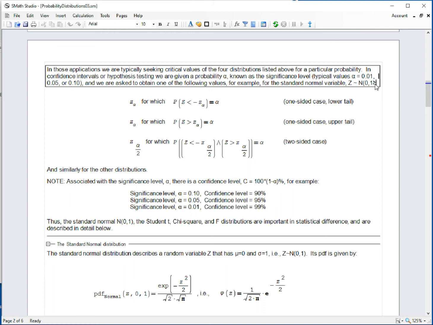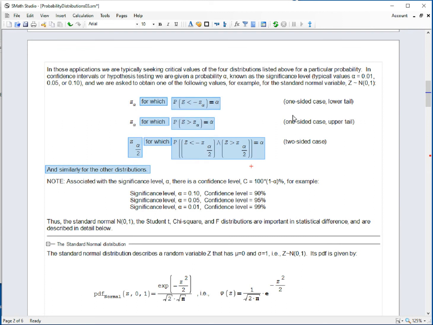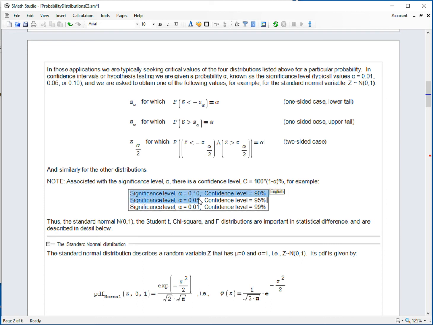And so we can define these probability calculations based on the level of significance alpha to determine the critical values minus z sub alpha, or z sub alpha over 2. For significance levels of 0.10, 0.05, and 0.01, we have equivalent confidence levels of 90, 95, and 99%. The relationship between C and alpha is given by this expression.